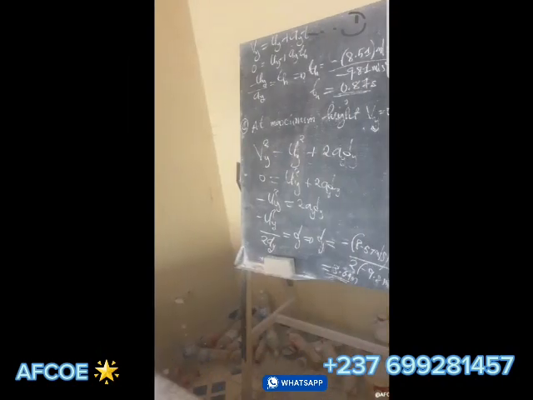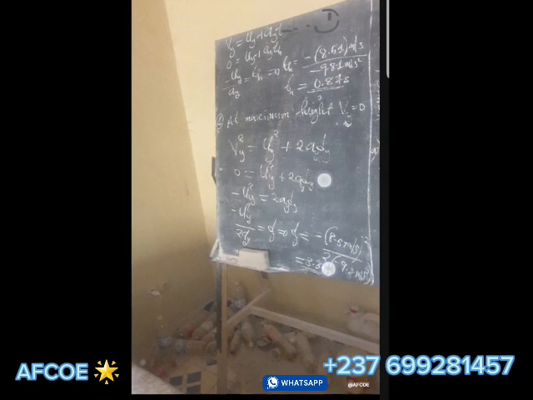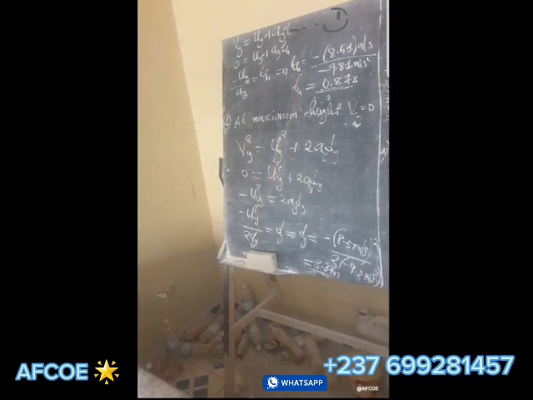Okay, now they are saying that you should calculate the vertical height at maximum height for the C part. For the maximum height, I can use the second equation. So vy squared equals uy squared plus 2ady, and at maximum height the speed in the y direction will be 0, and dy is our maximum height.